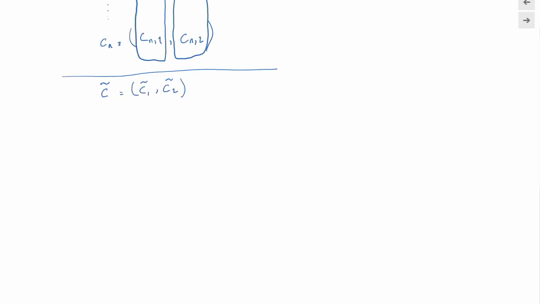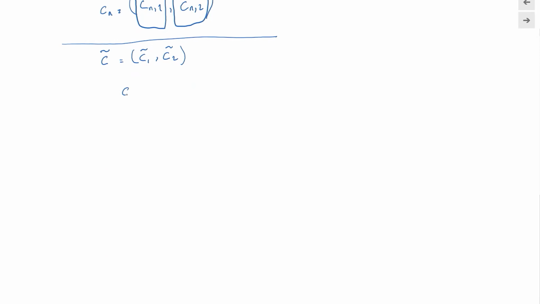Looking into this closely, what we get is C1 tilde is going to be g to the power alpha 1 plus alpha 2 all the way to alpha n, which we can denote as g to the summation of alpha i's.